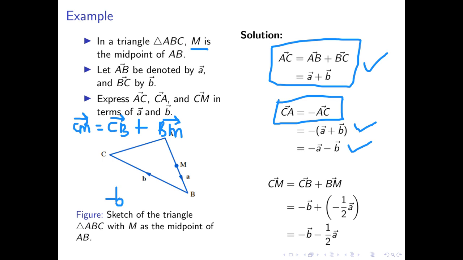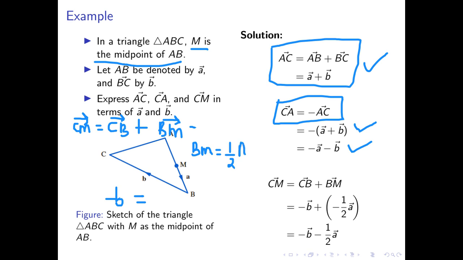Hence, we know now that BM is going to be, let me just write it newly. BM should then become what? Half of AB.